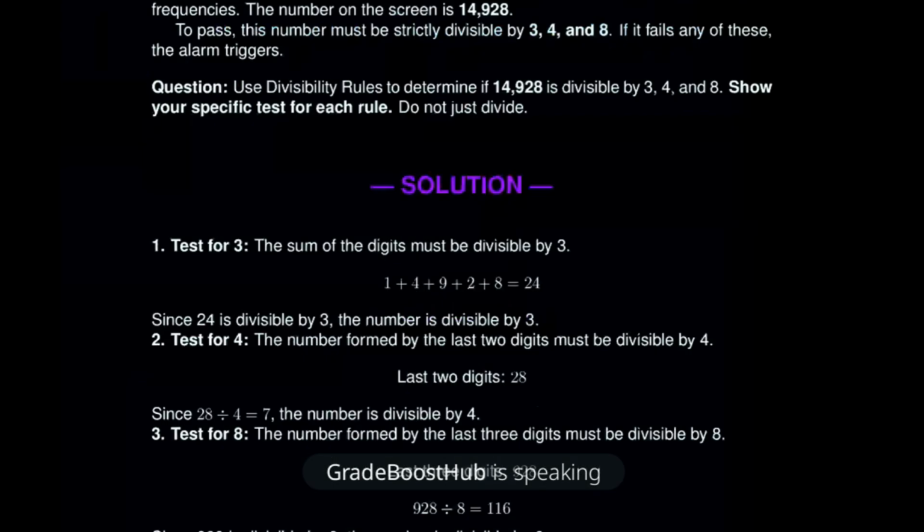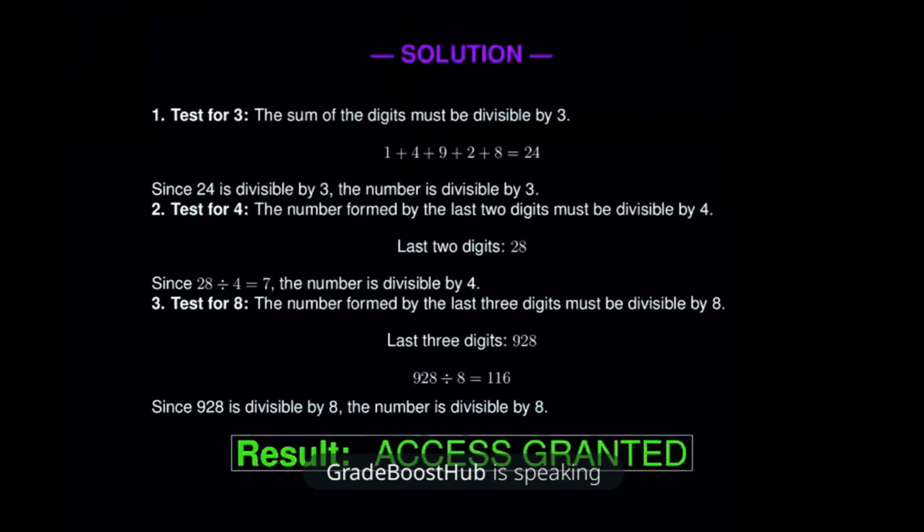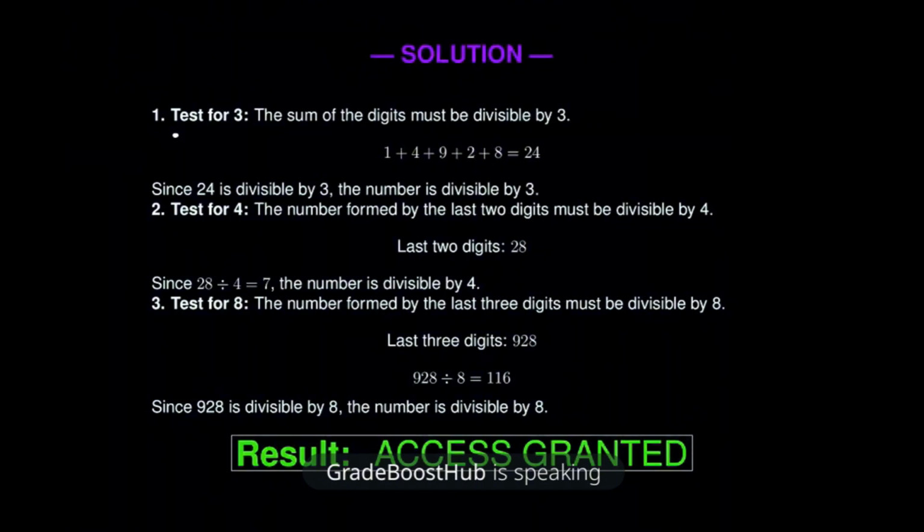So let's check whether the test for 3 gets passed or not. If any number is divisible by 3, the sum of the digits of that number should be divisible by 3. So the number which was given to us originally is 14928.